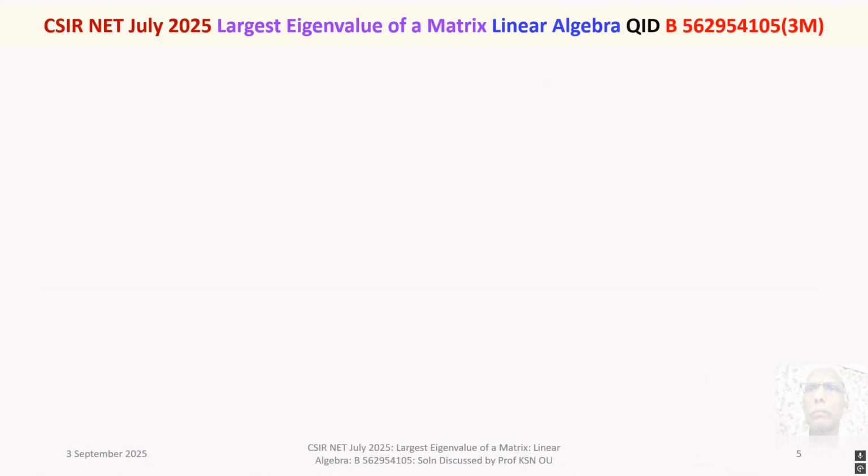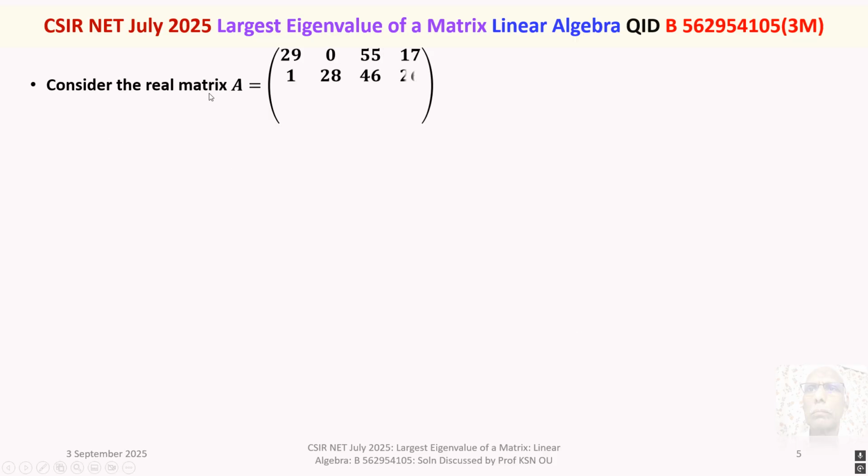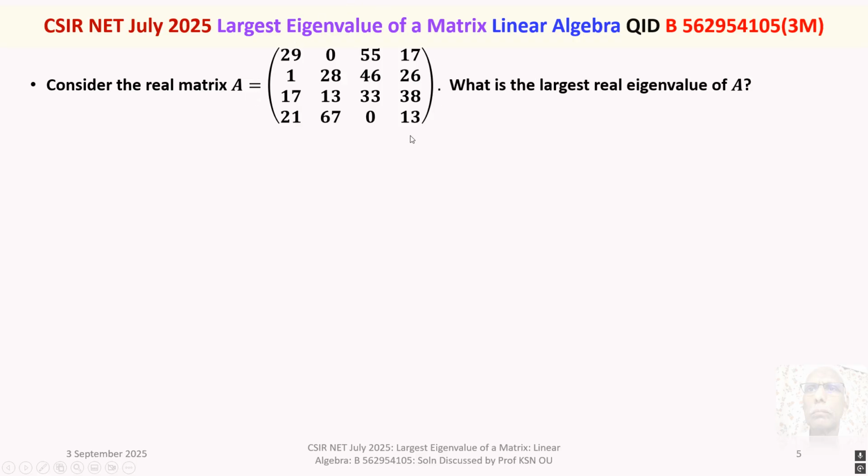The given question is: consider the real matrix A, which is a 4 by 4 matrix whose first row is 29, 0, 55, 17. Second row is 1, 28, 46, 26. Third row is 17, 13, 33, 38.